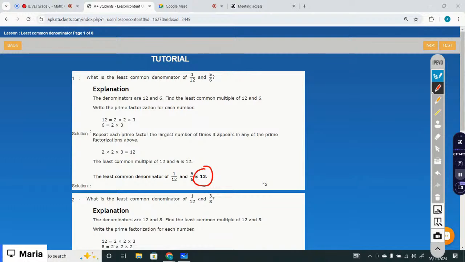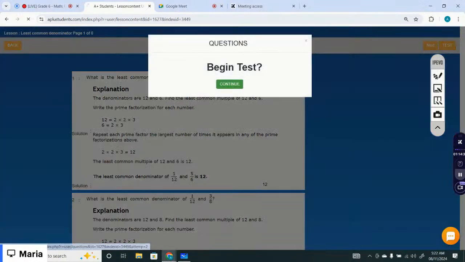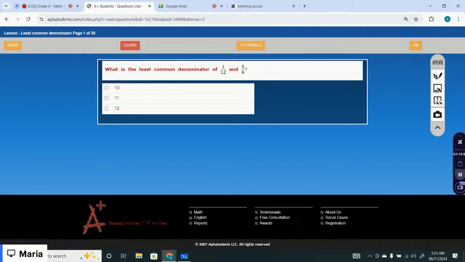Let's just start with the test questions so that we can do more practice questions, right? You can have a look at the tutorial by yourself later today. What is the least common denominator of 1 by 12 and 5 by 6?